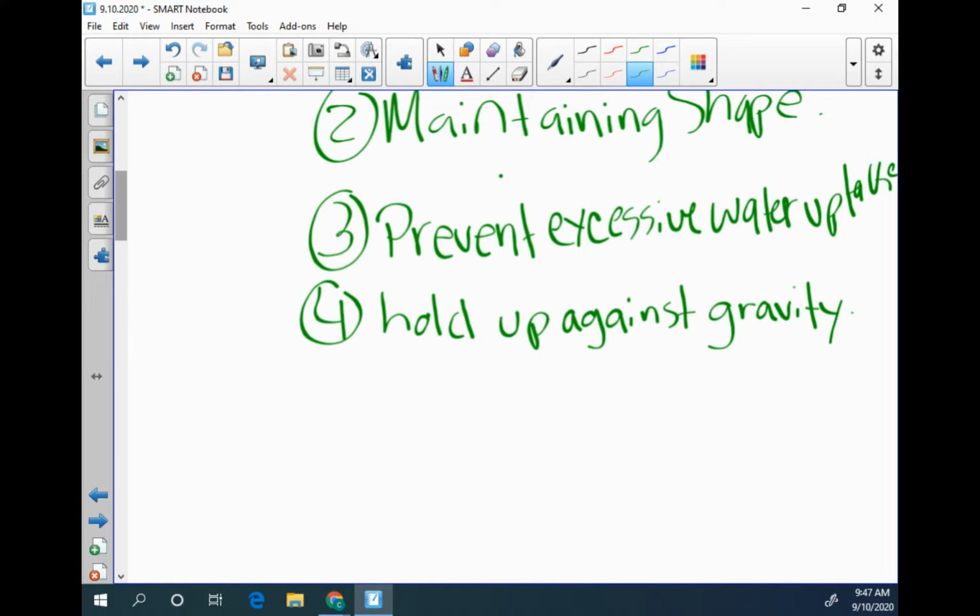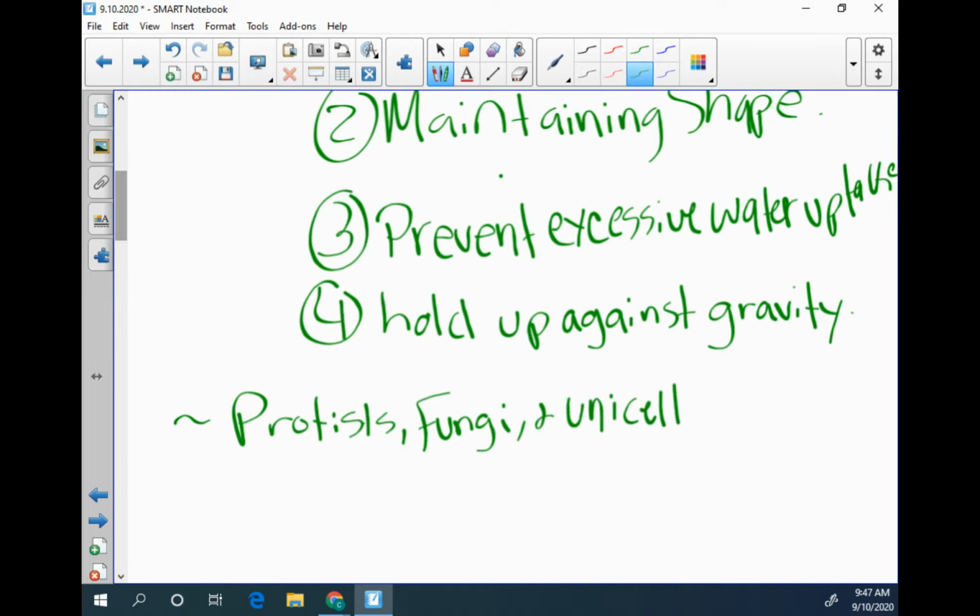All right. So, like I said, it's not only plants. Protists, fungi, and some unicellular eukaryotes also have cell walls.